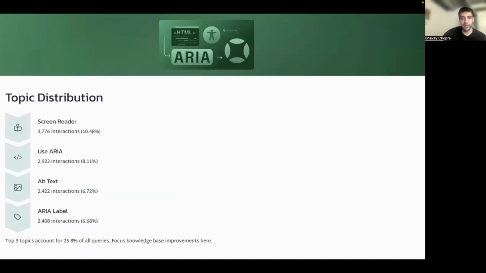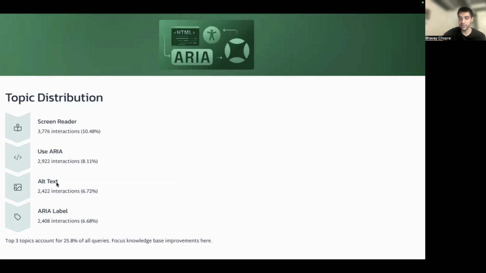And this is where we found some more interesting things. Here is the topic distribution of the user prompts. This is where we analyze what kind of topics the users had the most questions about. 10.48% of all the interactions, which was 36,000 interactions, were about screen readers. The second was about ARIA, which is an accessibility related topic.